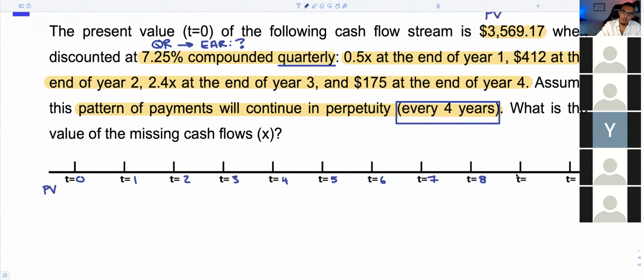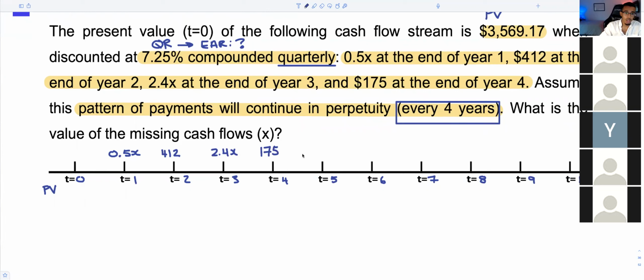If you're a pro, you don't necessarily need one, but it's definitely going to help us flesh out a few topics right now. So we know at T1 we have 0.5x. Then we have 412. Then we have 2.4x. Then we have 175.